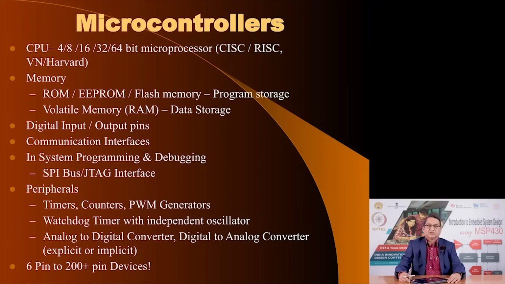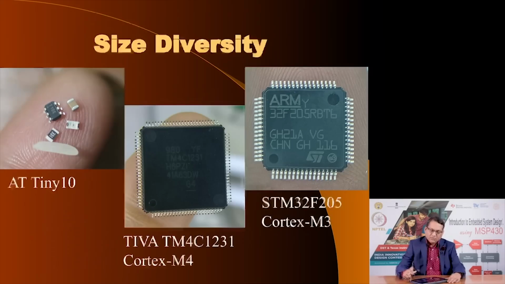And all these functions that we have listed here are available in packages which vary between 6 pins to 200 pins. Here again I am repeating the same picture I showed in the earlier lecture, that we have a great diversity of size, a microcontroller which is smaller than a grain of rice. In fact, it is comparable to the rest of the components that you can see on my thumb.